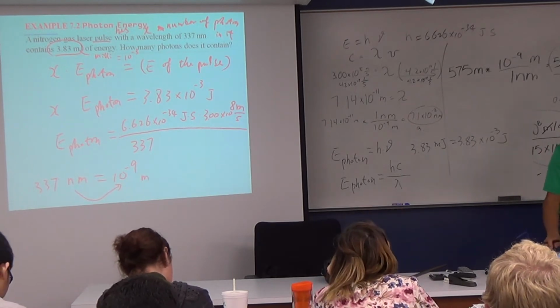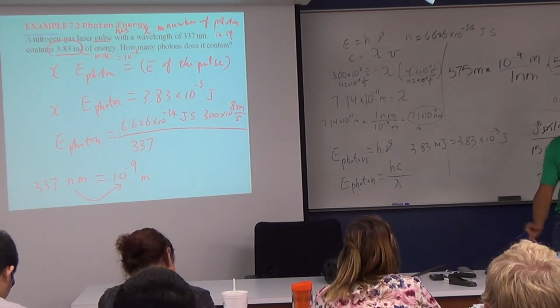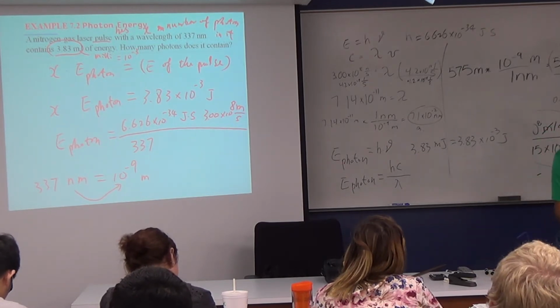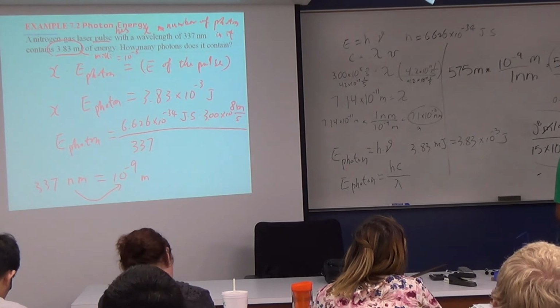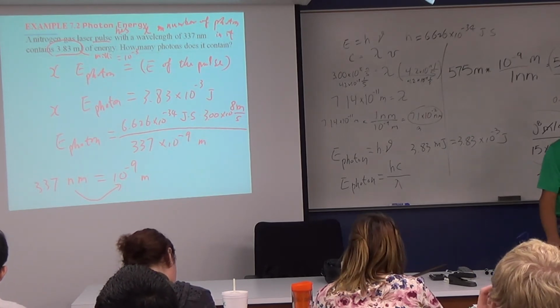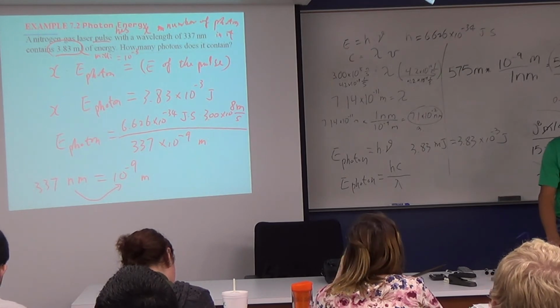You still have the m. Now this m is not the prefix m. This m is meter. So I just do something like this. This is 10 to the negative 9 m. You agree?